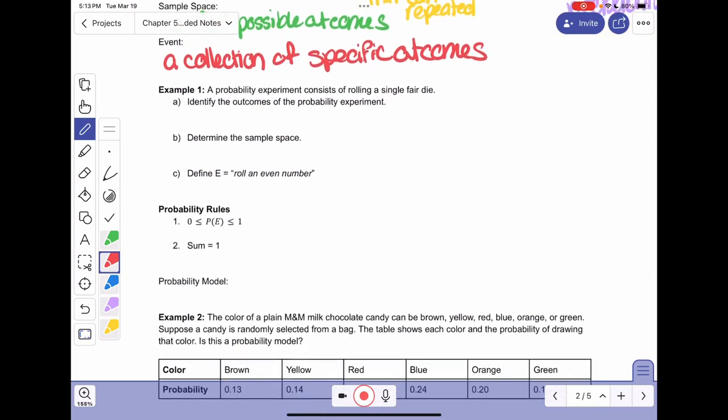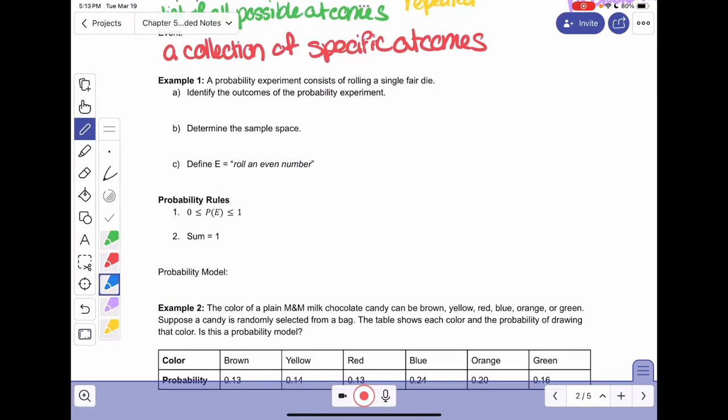Now let's look at it. A probability experiment consists of rolling a single fair die. Fair just means there's equal chance on all the sides. It's an experiment because you can roll it over and over again and you never know what's going to come up. So identify the outcomes. When you roll a die, you can get 1, 2, 3, 4, 5, 6. Those are all the outcomes.